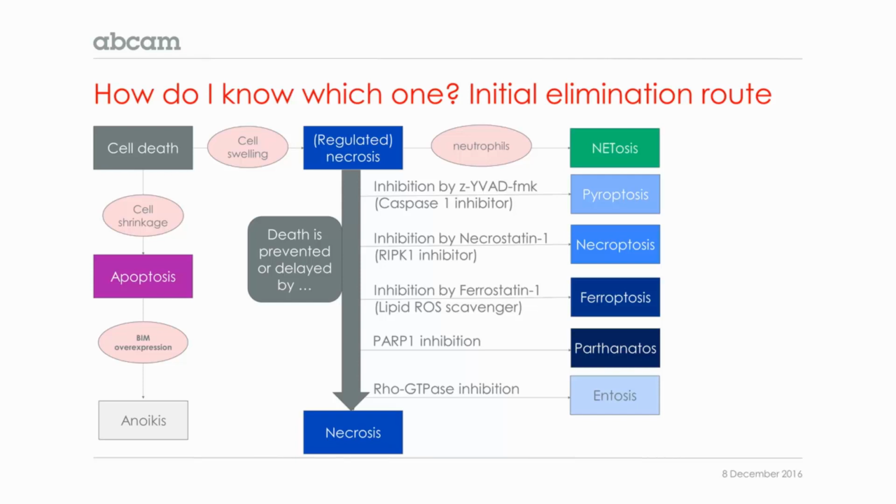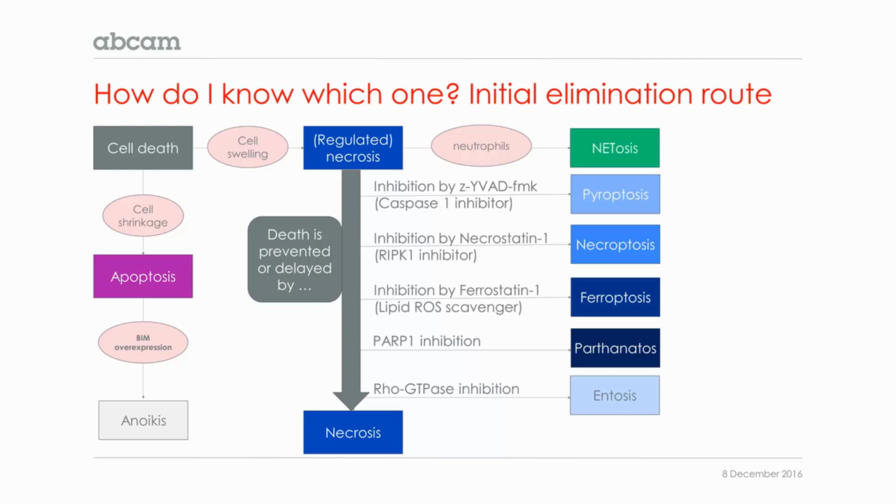If we look at our cells and there's some swelling and lysis, then we're probably looking at some other type of regulated necrosis. If the cell type that we're using is a neutrophil, we could be looking at NETosis. If the cell death is prevented by zVAD-FMK, which is a caspase-1 inhibitor, then we are likely looking at pyroptosis.